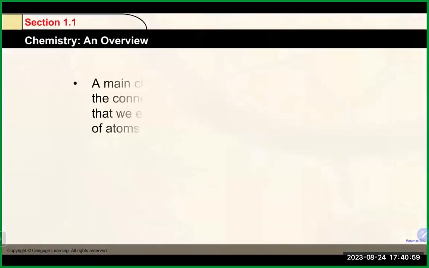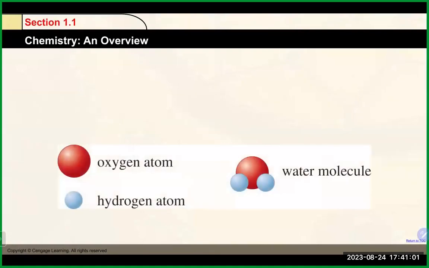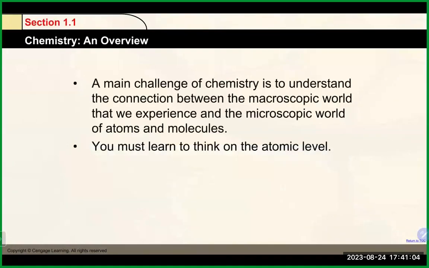So when we talk about chemistry in general, chemistry really is the study of matter, and how it changes and maybe even resists changes. And when we think about what happens on the atomic level versus, say, the macroscopic level, which is what we can kind of see, sometimes when we see something happening, for example in a reaction, it may very much look to us like the reaction is over.